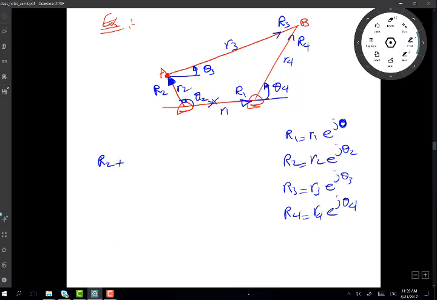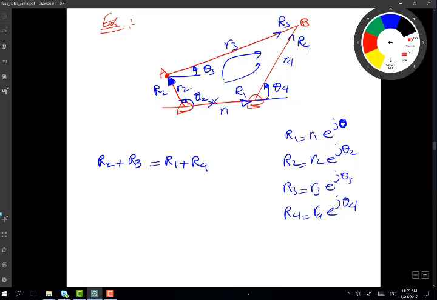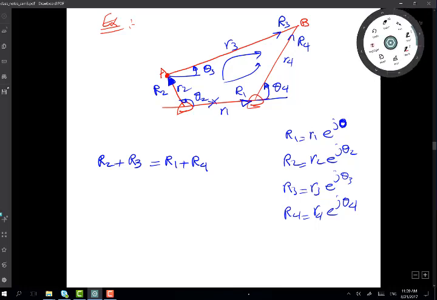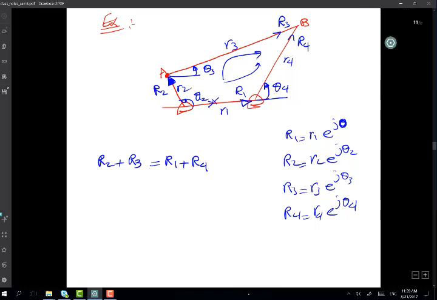And then the loop closure equation will be R2 plus R3. This is this side of the loop, and the other side of the loop will close with R1 plus R4, and we can now replace those by the corresponding polar form.